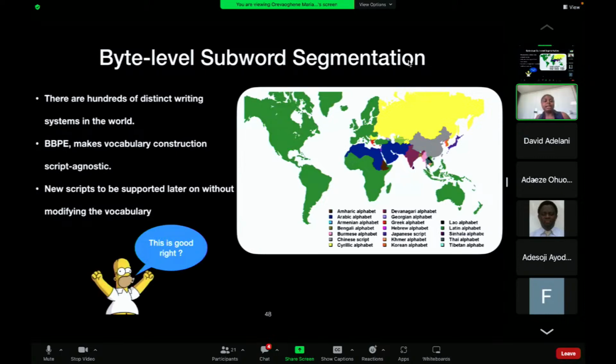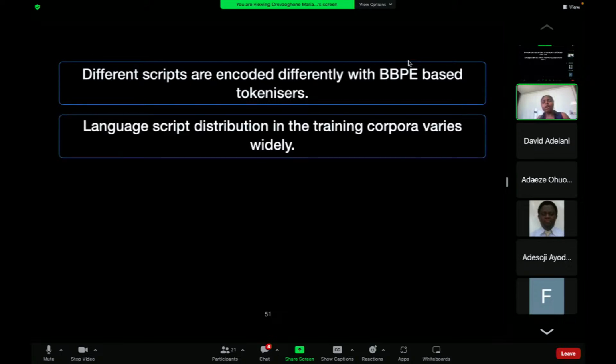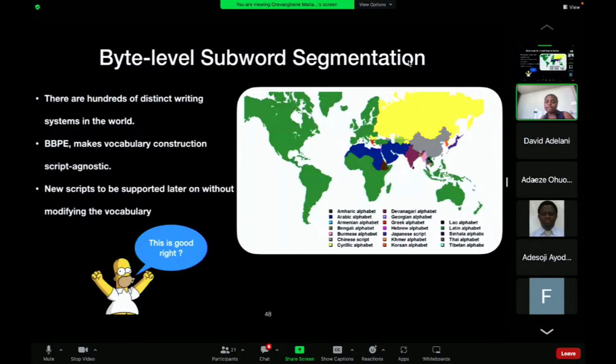This is good, right? You can build a model and keep on improving on it. We're happy and everyone is happy. But we see that different scripts are encoded differently with BBPE based tokenizers. And obviously, language script distribution in training corpora varies widely. If I go back to this slide, you'll see that we mostly have Latin script languages.